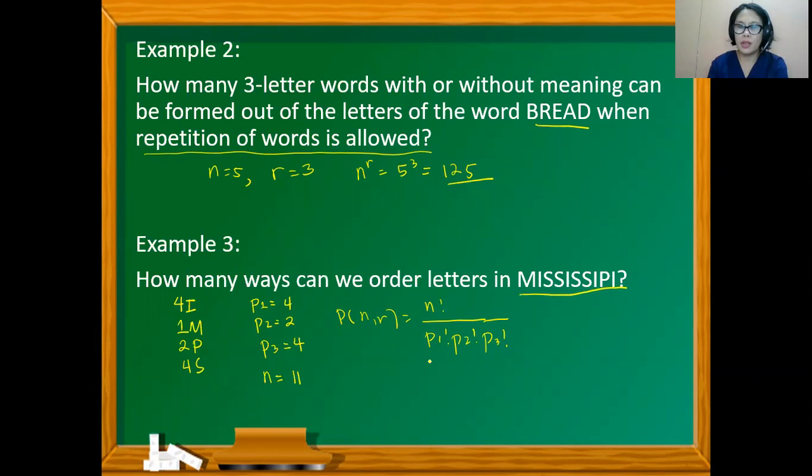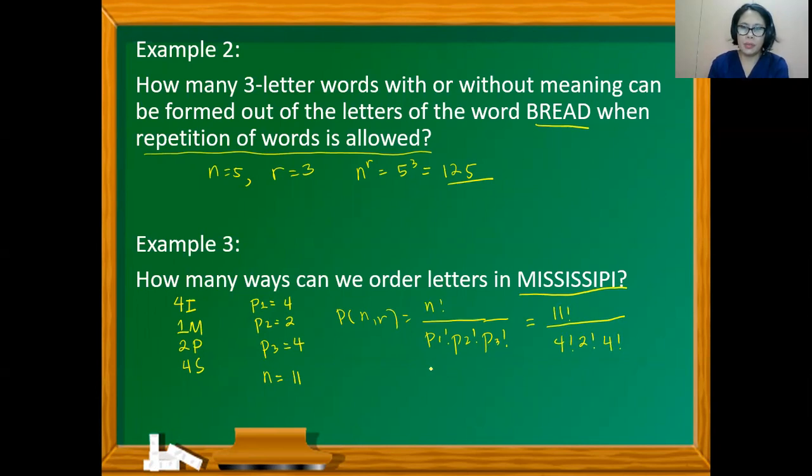As I was saying, you may write P sub 4 here, but it's 1 factorial, so the product will remain the product of P sub 1, P sub 2, and P sub 3. So this is 11 factorial all over 4 factorial times 2 factorial times 4 factorial.